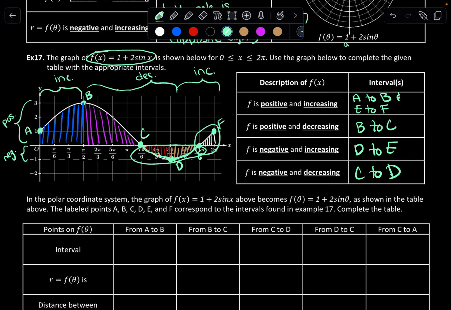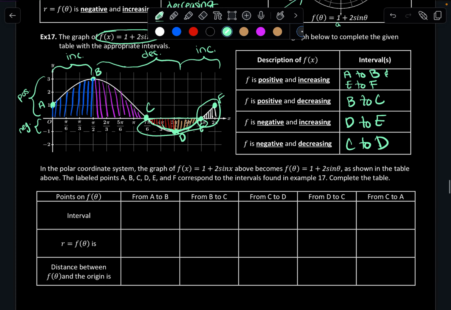All right, so in the polar coordinate system, the graph of f becomes f of x is equal to 1 plus 2 sine x, becomes f of theta equals 1 plus 2 sine theta, as shown in the table above. The labeled points A through F correspond to the intervals from example 17. All right, so using example 17, we're going to complete the table.